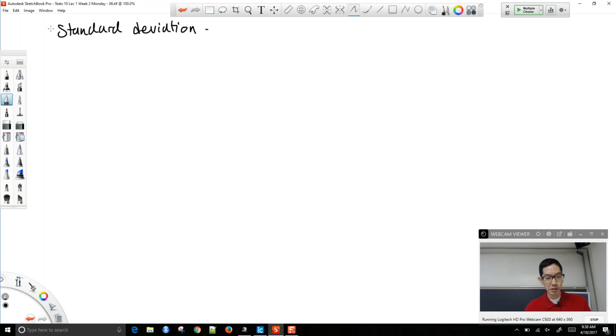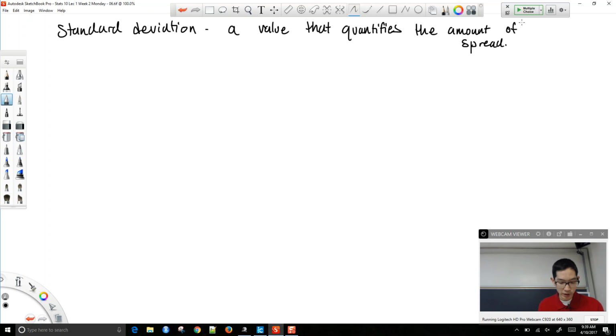Okay, so a standard deviation is a value that quantifies the amount of spread. So rather than saying high spread or low spread, we can say the standard deviation is this.